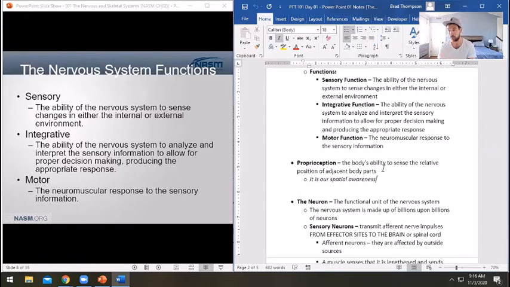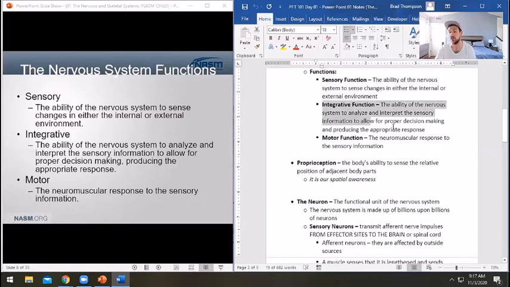So for instance, let's say this weighs, right now, I don't know, 1 or 2 pounds. But let's say somehow it went from weighing 1 to 2 pounds to weighing 25 pounds, right? Well, immediately when I try to lift that, my nervous system, through sensory information, is going to go, hey, this got a lot heavier.